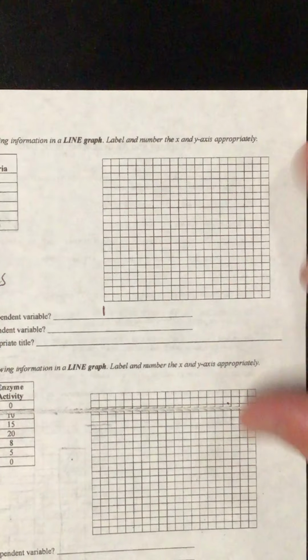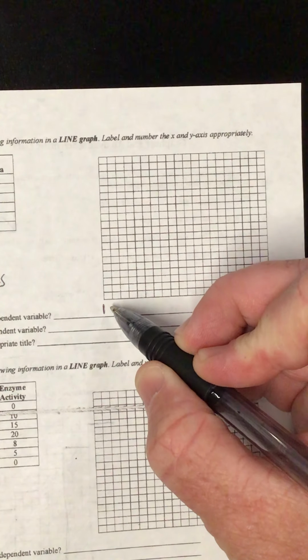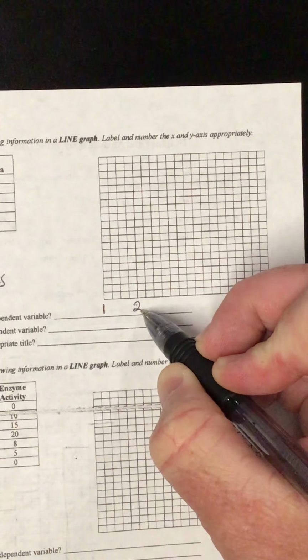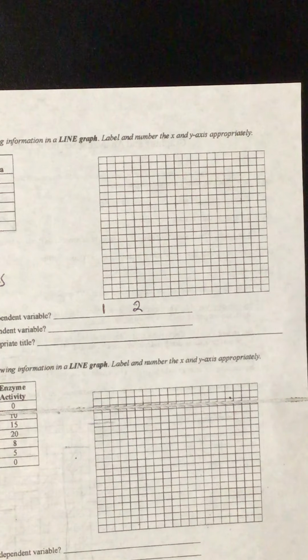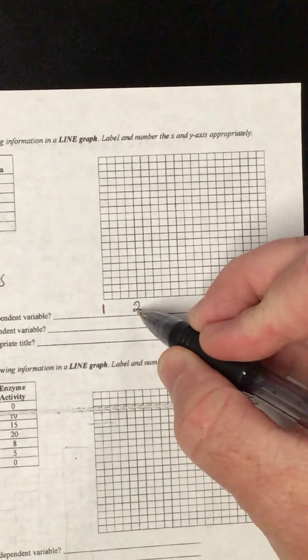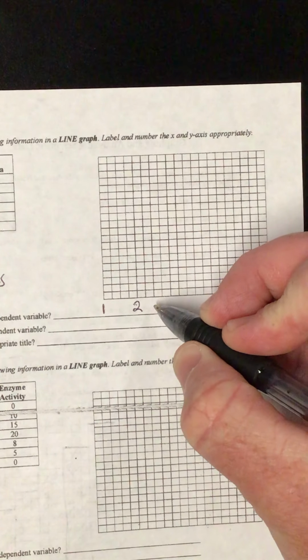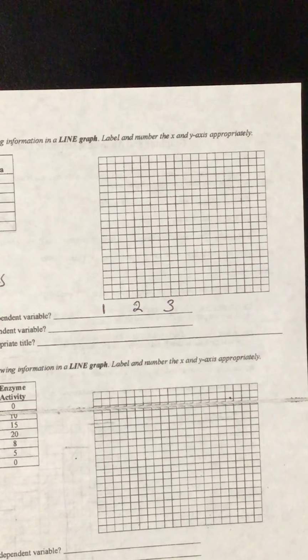And then let's think about this carefully. The first line is going to be 1 1/4, 1 1/2, 1 3/4, 2. So you're skipping 4 to get to the next whole number. From 2, we go 2 1/4, 2 1/2, 2 3/4, 3.